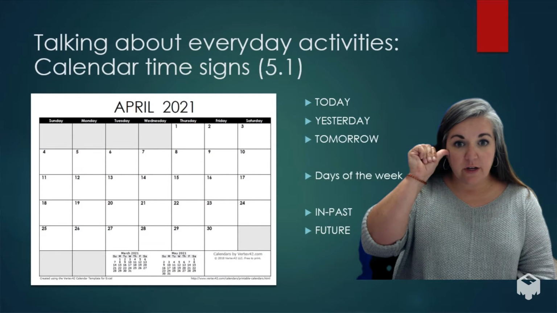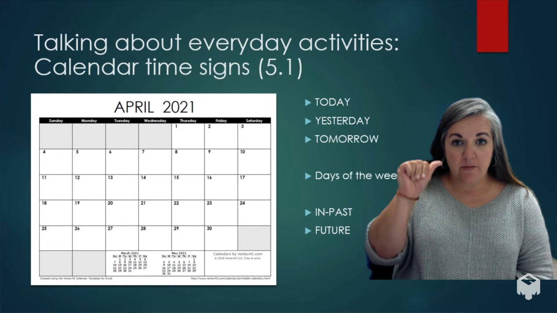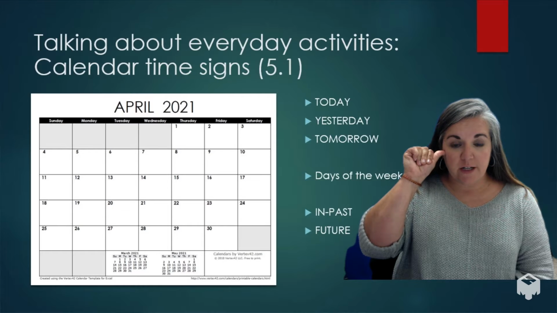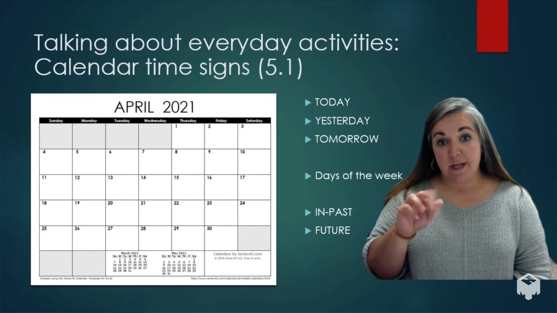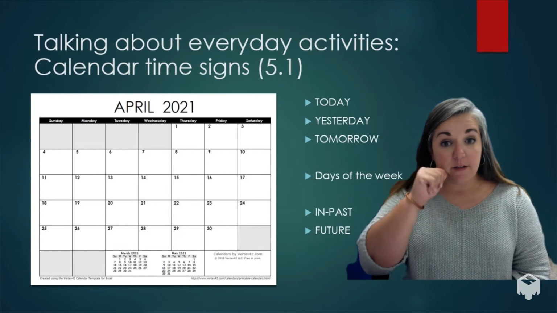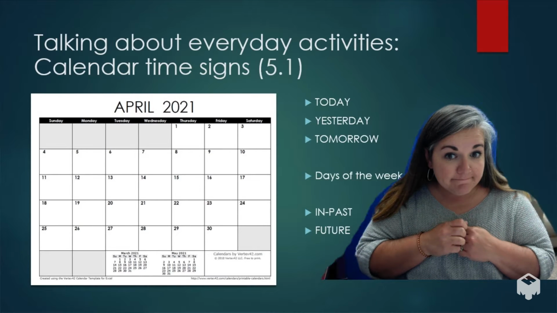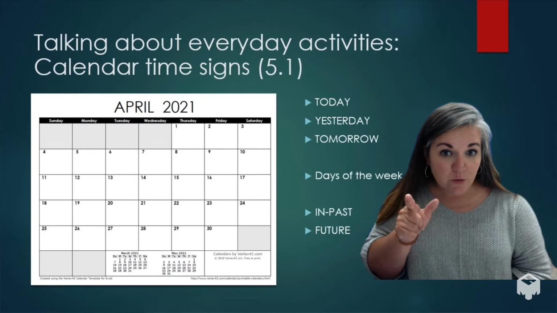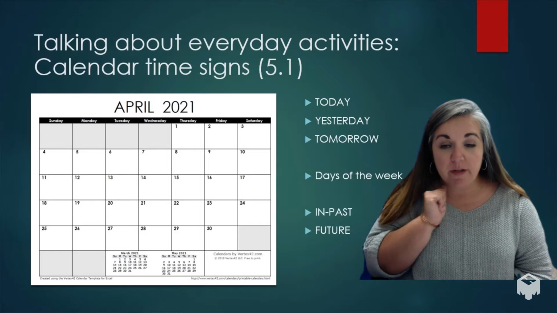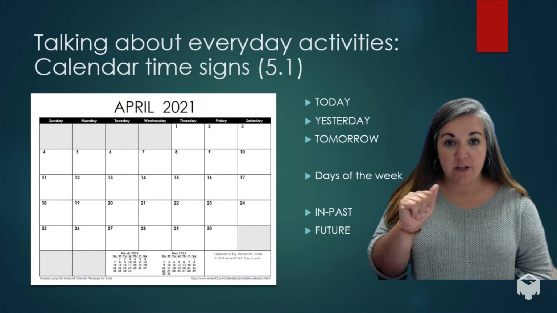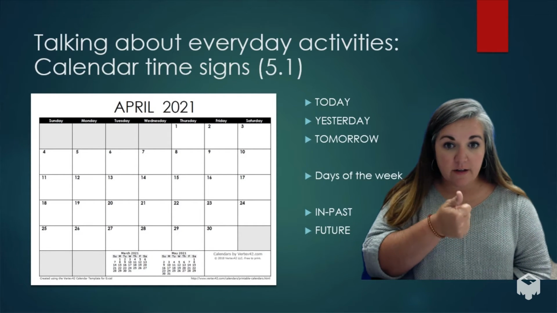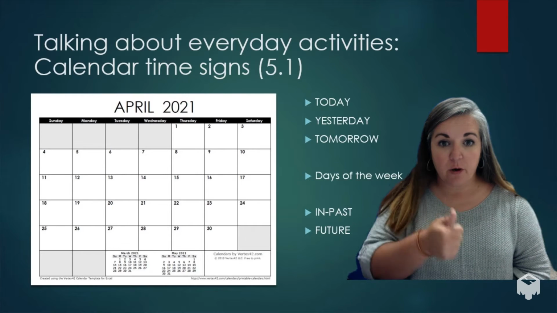So yesterday, the sign is an A hand shape from your chin up to your cheek. So if today is April 20th, then tomorrow would be April 21st. Again, the A hand shape, and you're just kind of flicking it off your cheek there, tomorrow.